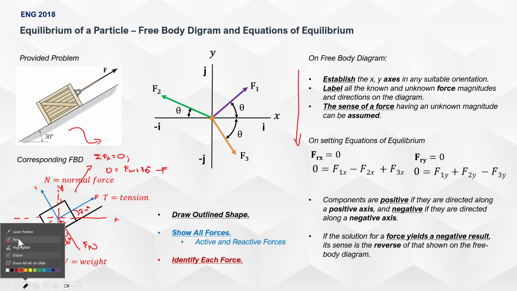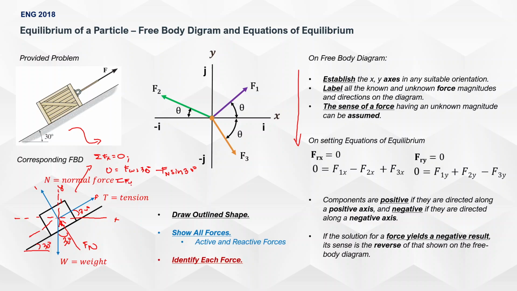So your Fn here is sine 30 degrees, and that's for your Fx. For your Fy, summation is equal to 0.